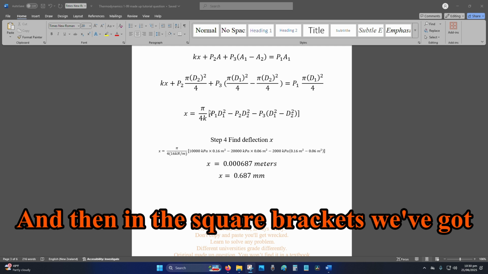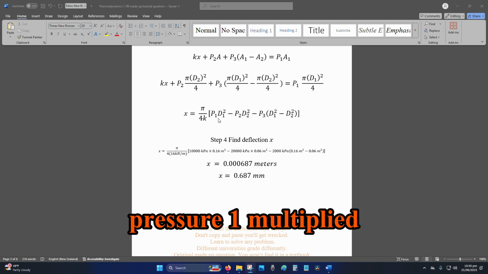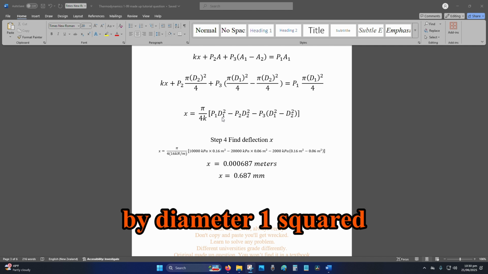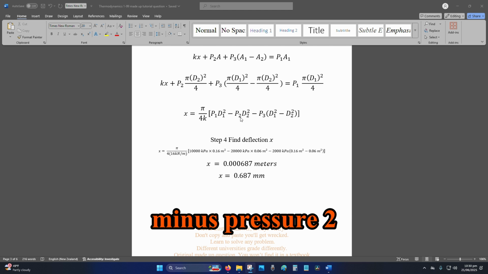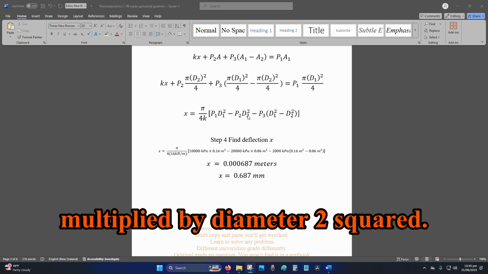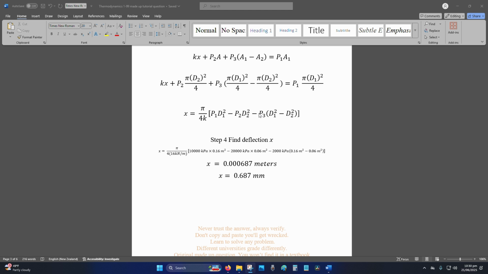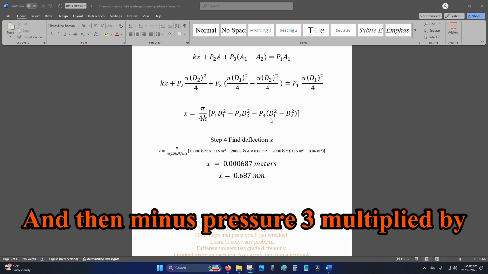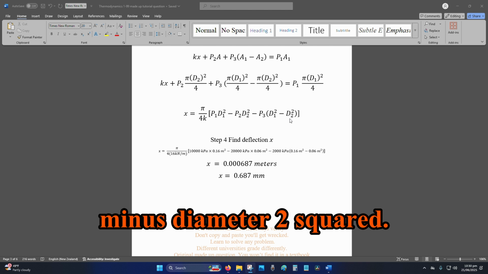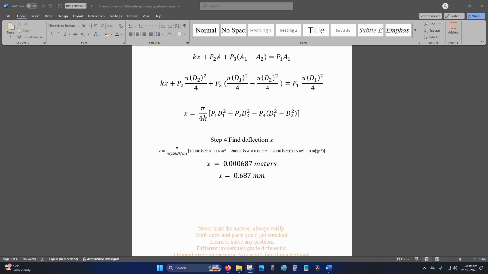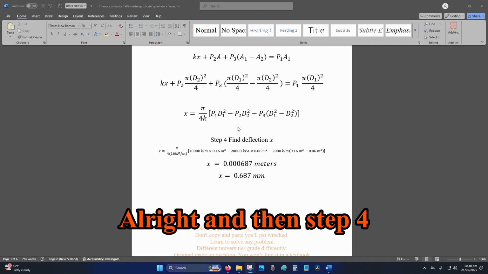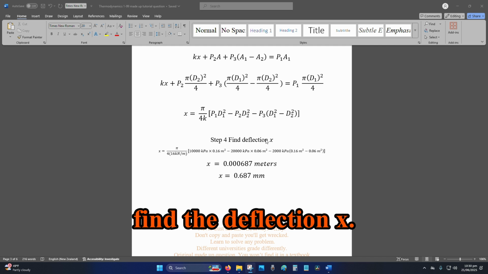And then in the square brackets, we've got pressure 1 multiplied by diameter 1 squared minus pressure 2 multiplied by diameter 2 squared, and then minus pressure 3 multiplied by diameter 1 squared minus diameter 2 squared. Alright, and then step 4, find the deflection x.